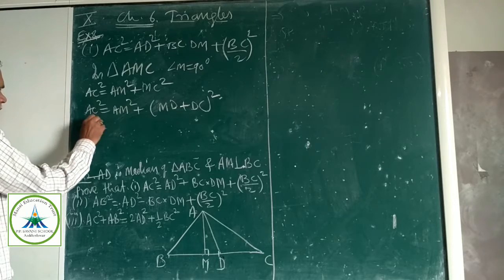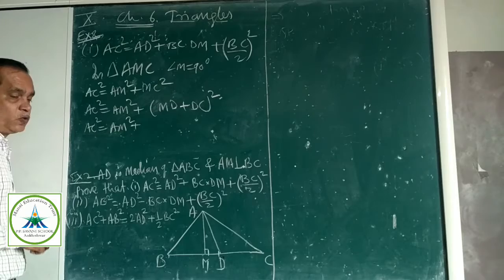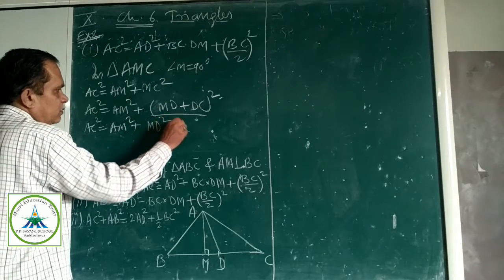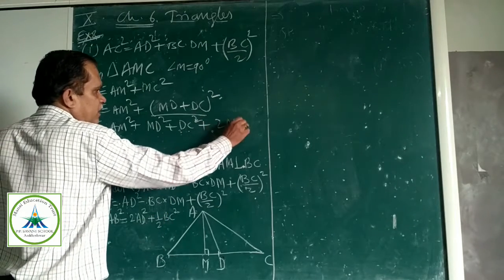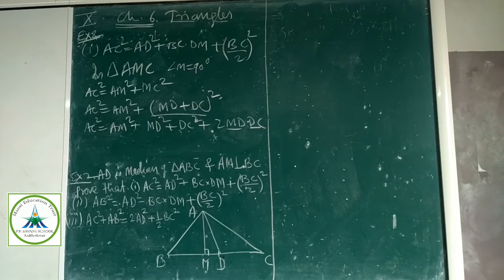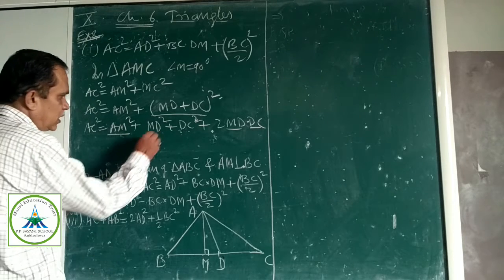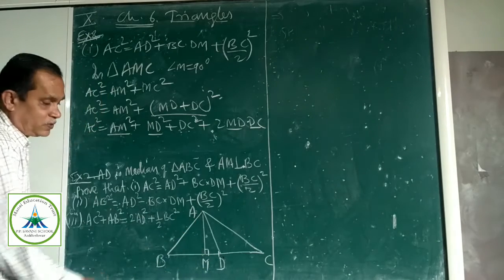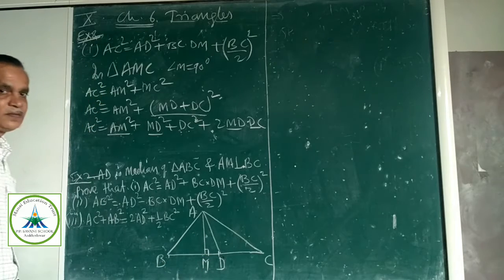Open it: AM square plus MD square plus DC square plus 2 times MD times DC. Now look here, all of you. AM square and MD square: in triangle AMD, AM square plus MD square equals AD square.